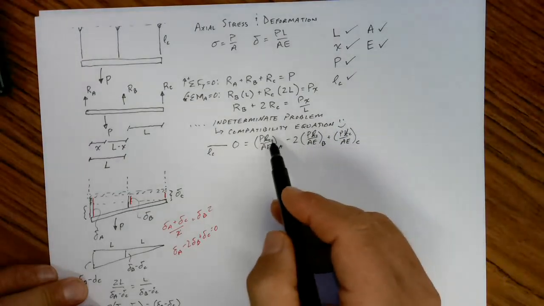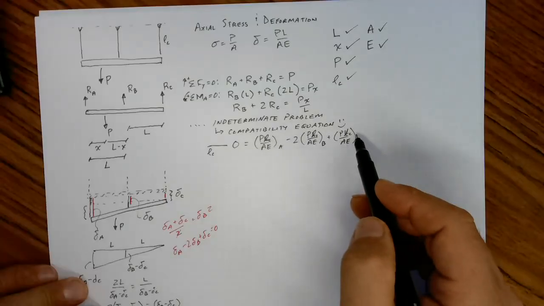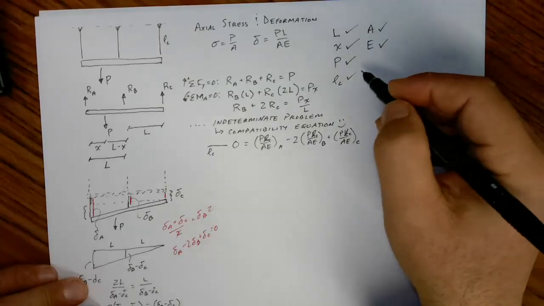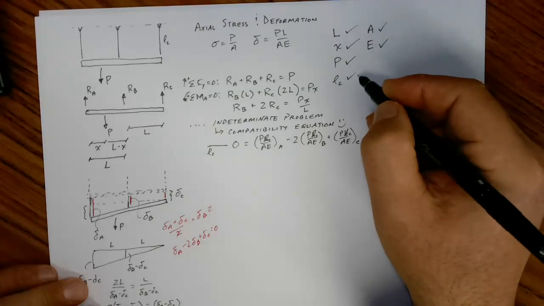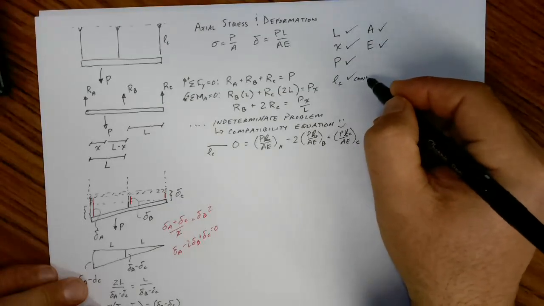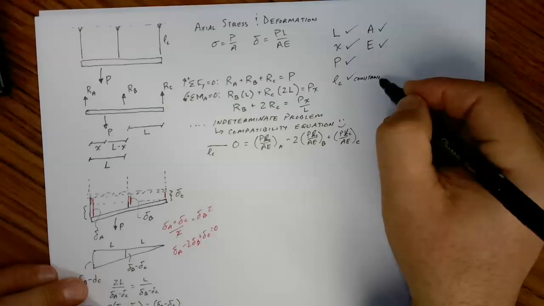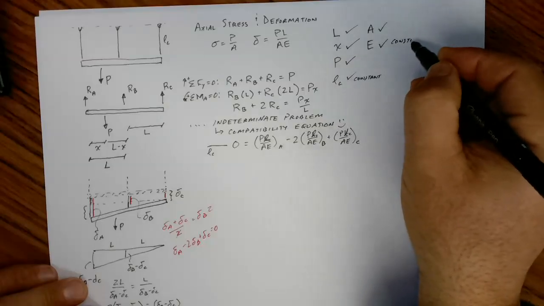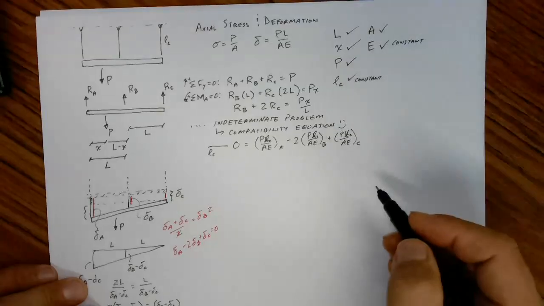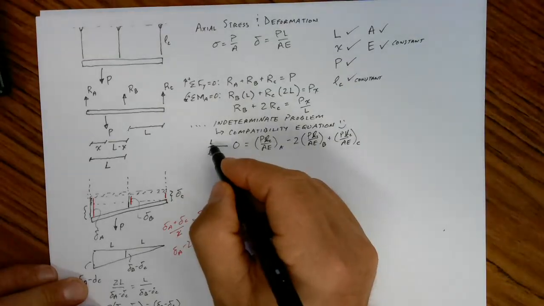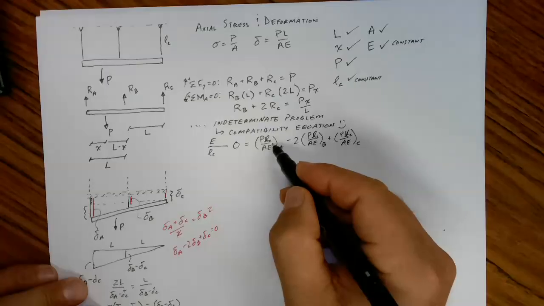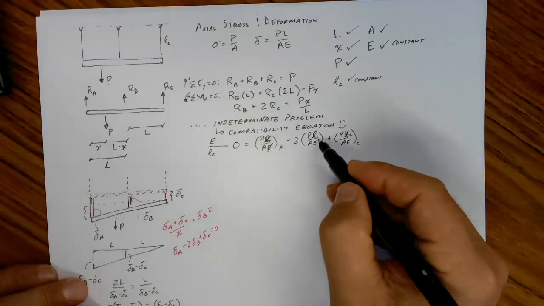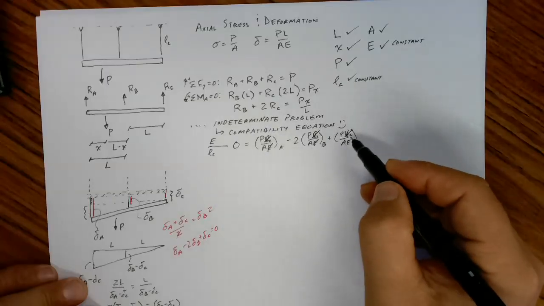But if E is all the same, I'll multiply each term by E. So let's call this a constant. Call this a constant. And I'm going to multiply that by E and LC.